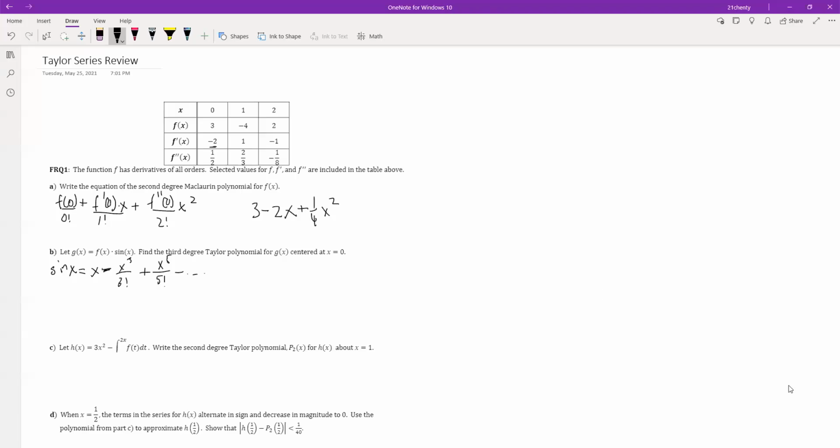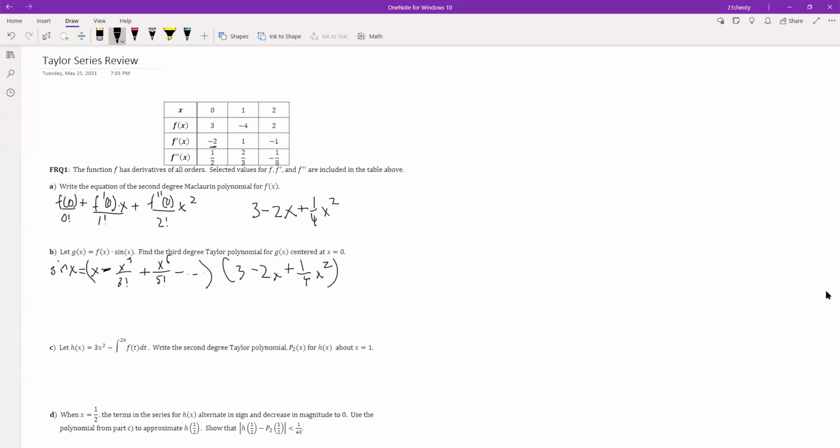So we're multiplying this by the terms in f of x, which we found above, and it's just the third degree Taylor polynomial.